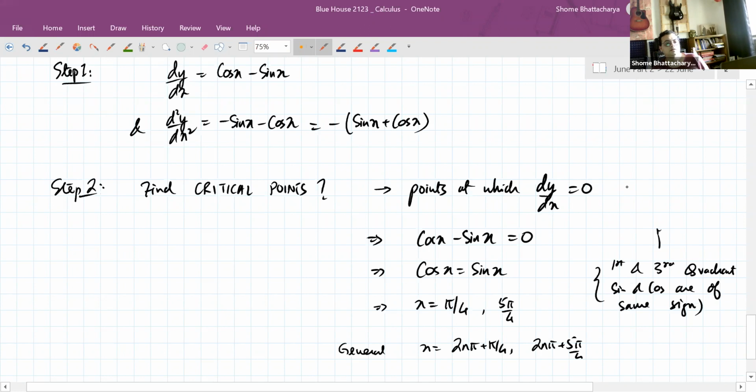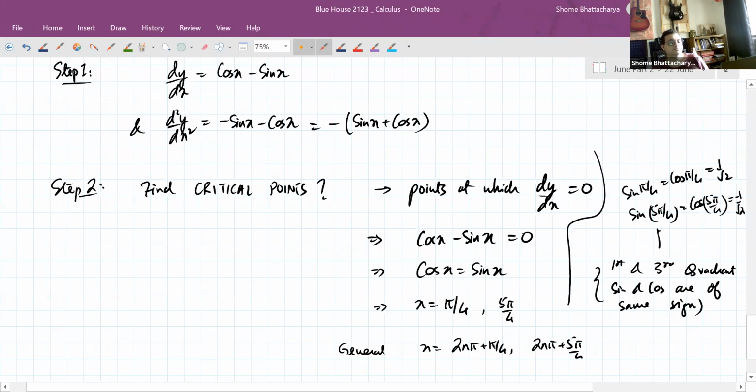You know that sin pi by 4 is equal to cos pi by 4 is equal to 1 by root 2, and sin 5 pi by 4 is equal to cos 5 pi by 4 is equal to minus 1 by root 2. So using that concept from trigonometry, in the fundamental cycle of 0 to 2 pi, we have two critical points. In general, we have infinite critical points because they repeat. So here n is equal to 0, plus minus 1.